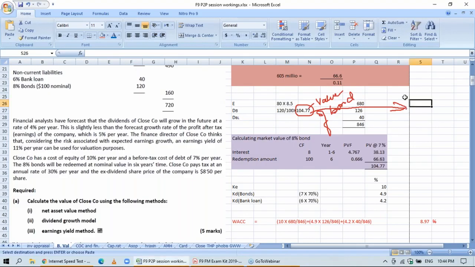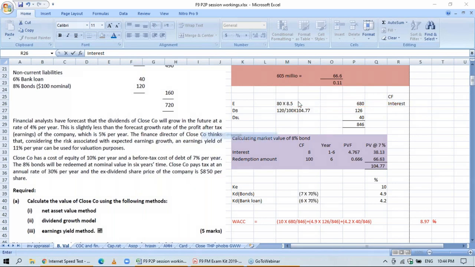First I took the cash flow. So the cash flow involves the interest and repayment of the bond.